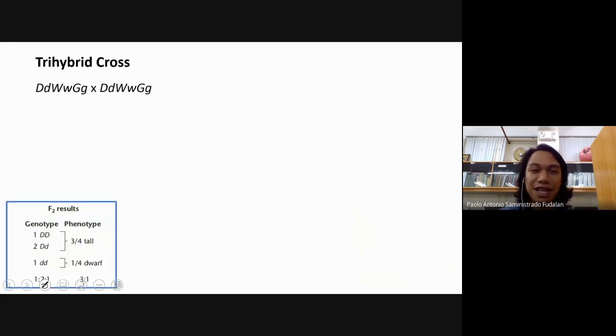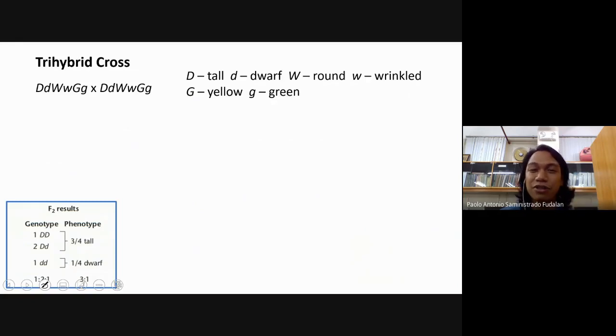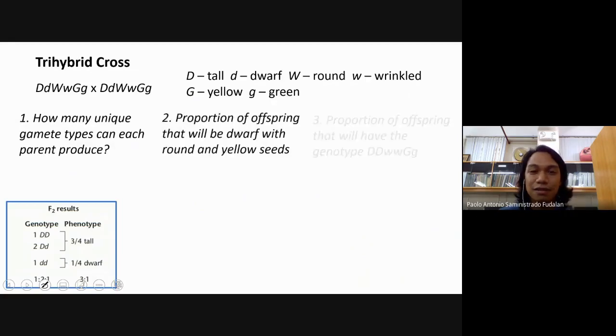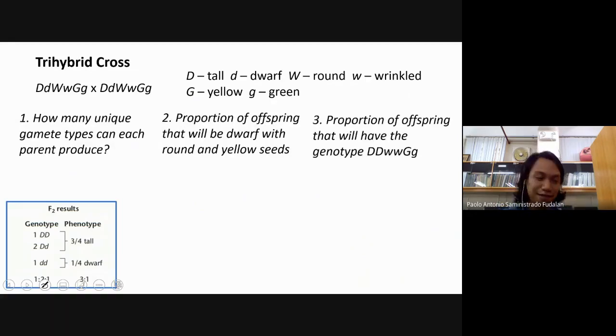Okay, so this one is the last one. We have a tri-hybrid cross, so we're including tall and dwarf traits in the mix. These are the questions.